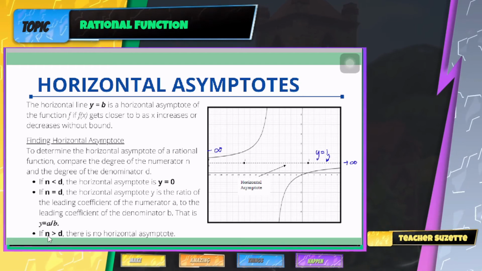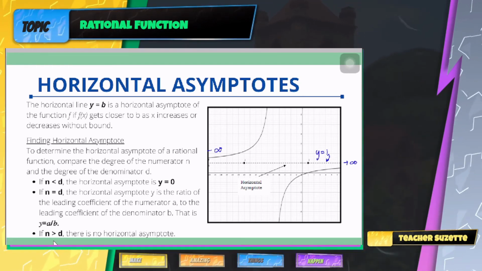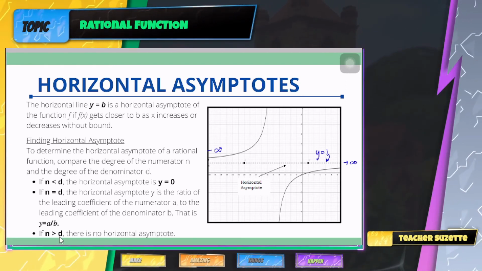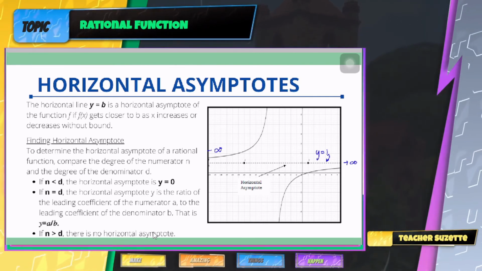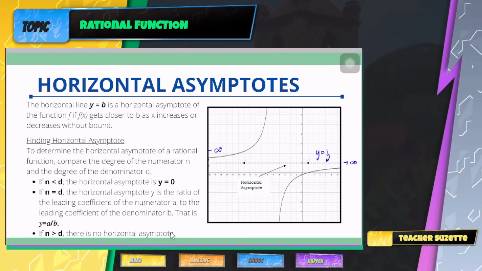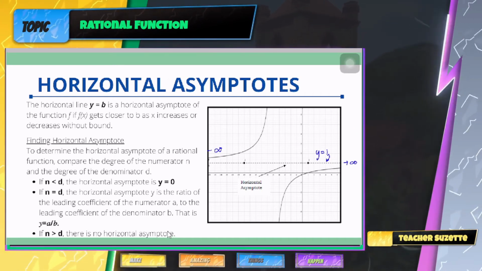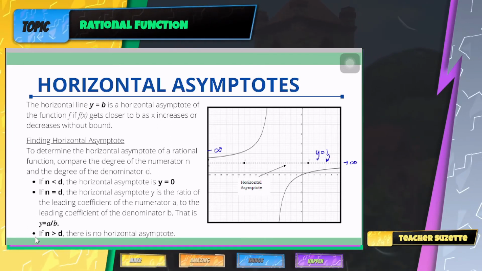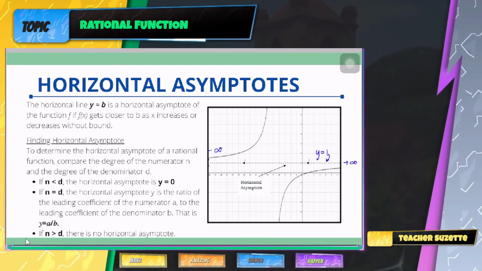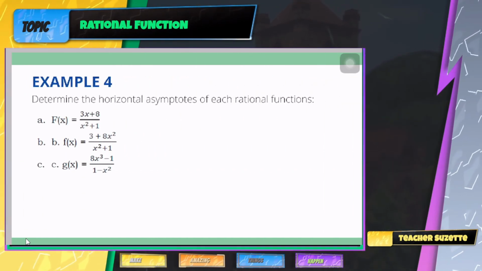And lastly, kapag mas malaki ang degree ng numerator kesa sa denominator, there is no horizontal asymptote daw na makikita mo sa iyong graph. Now, let's apply these concepts na ating natutunan in finding horizontal asymptotes in our examples.